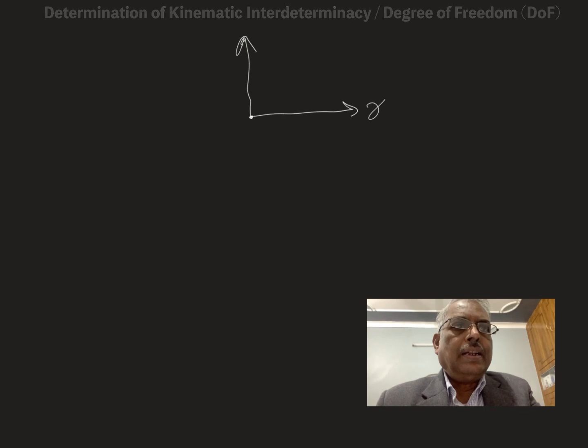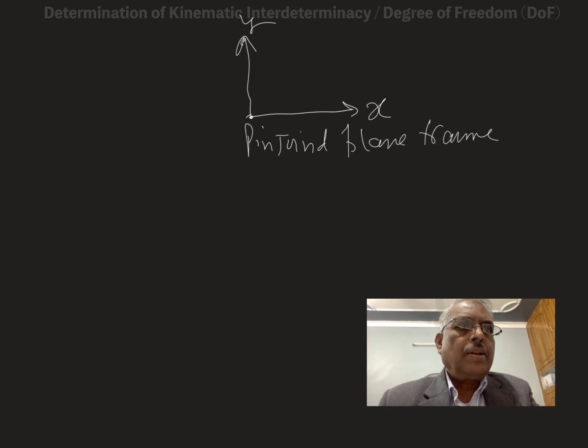So let us take an example. If it is a pin jointed structure, X and Y, this is a pin jointed plane frame. How to find out the degree of freedom?